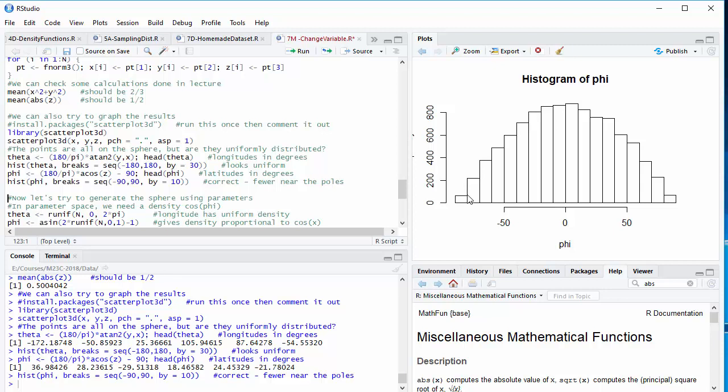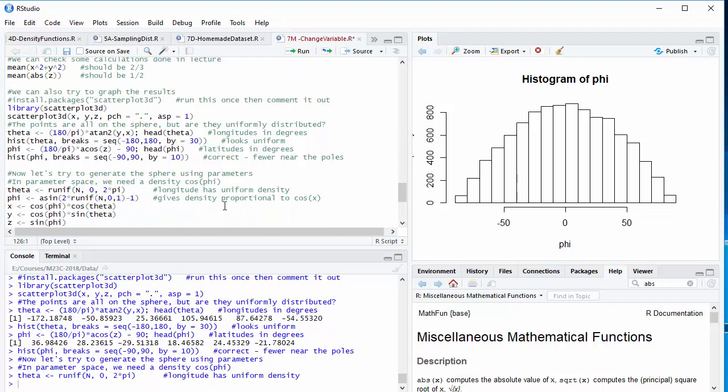Now let's see if we can do this using parameters. When we parameterize the unit sphere with latitude and longitude, the density function is not constant. The density function has to be equal to the cosine of phi. So we've got a uniform density for longitude.